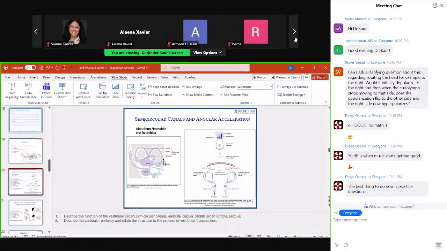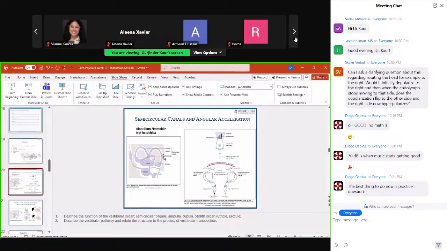Don't forget that there is endolymph. Now, by the time we move to the left, the endolymph will be catching up because the cupula moved faster. It brought this movement, the pores and channels opened, and sodium or whatever cations are getting in.